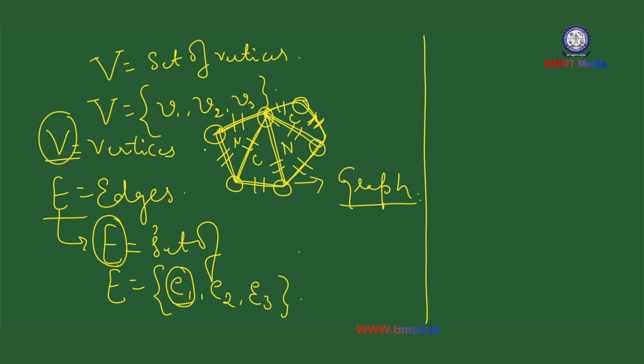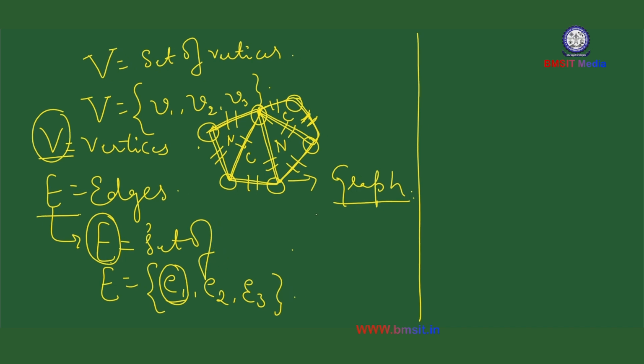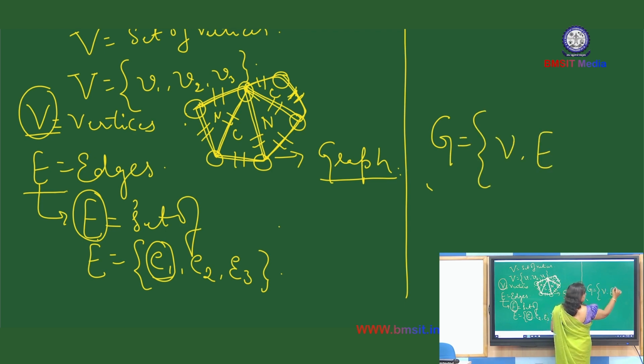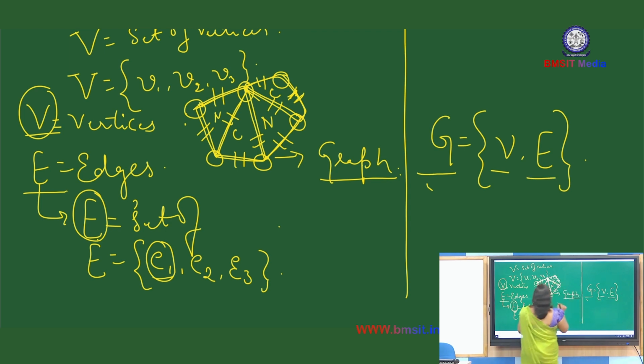Now how are we going to represent the graph? G consists of a number of vertices and a number of edges. So a graph can be represented using the number of vertices and the number of edges, and the solution to the problem can be given using the concept of graph.